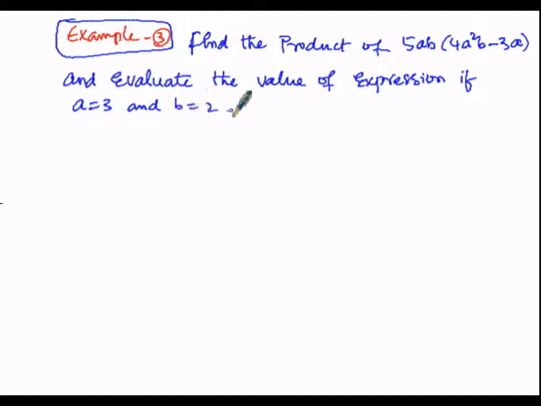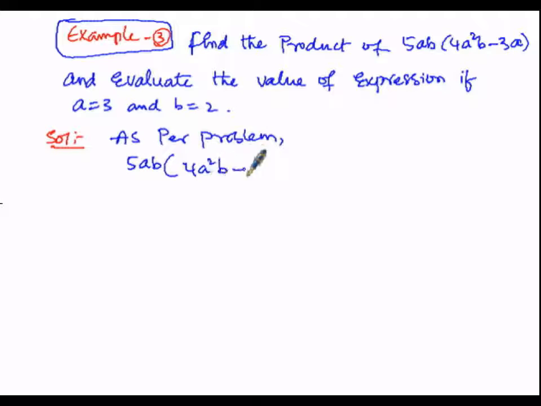So first of all, we have to find the product of a monomial, that is 5ab, with the polynomial or binomial 4a square b minus 3a. So here as per the problem, 5ab into 4a square b minus 3a implies 5ab must be multiplied with the first term first of all, then 5ab must be multiplied with the second term, that is 3a.